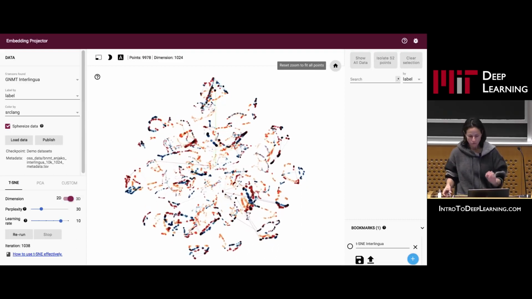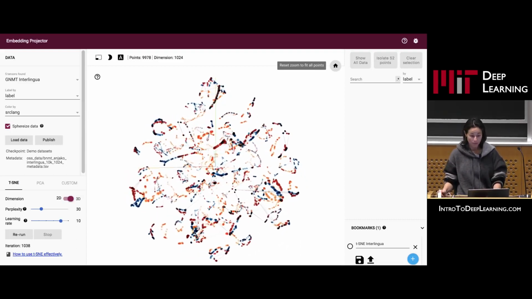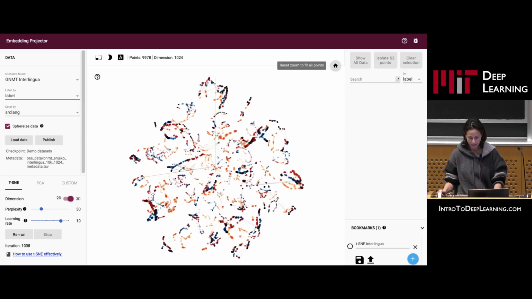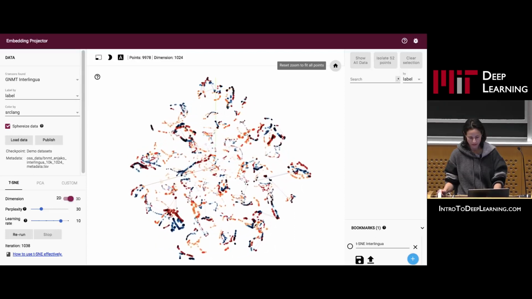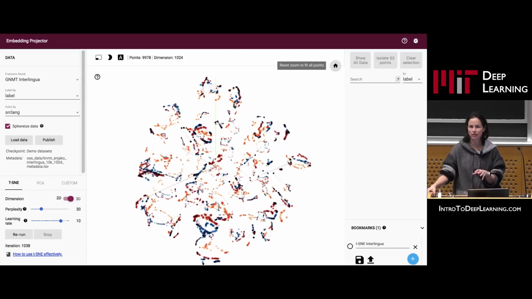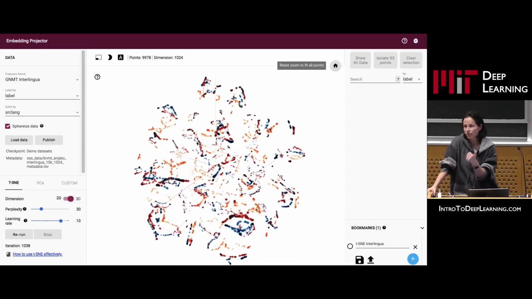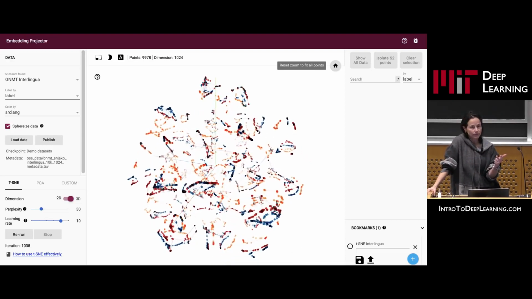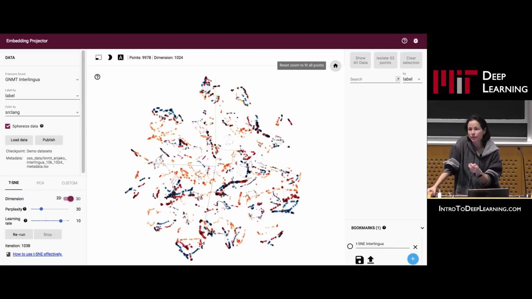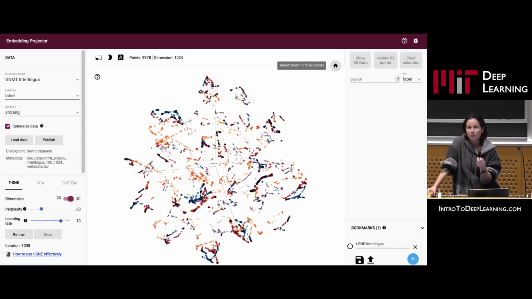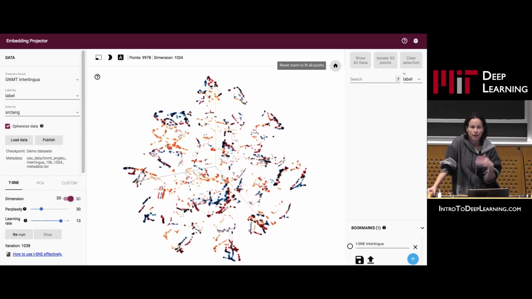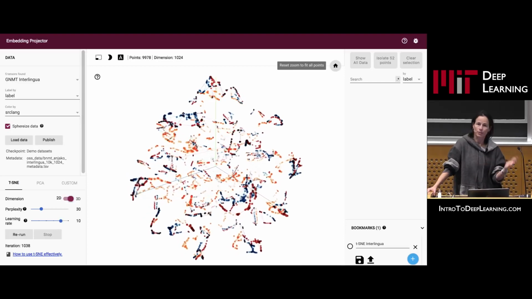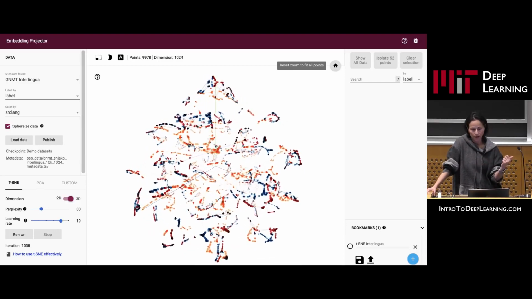So what I'm showing here, again, we're back in the embedding projector, and I'm visualizing a multilingual system that takes in English, Japanese, and Korean. I am coloring each one of those languages by a different color. So English is blue, Korean is red, Japanese is yellow, okay?